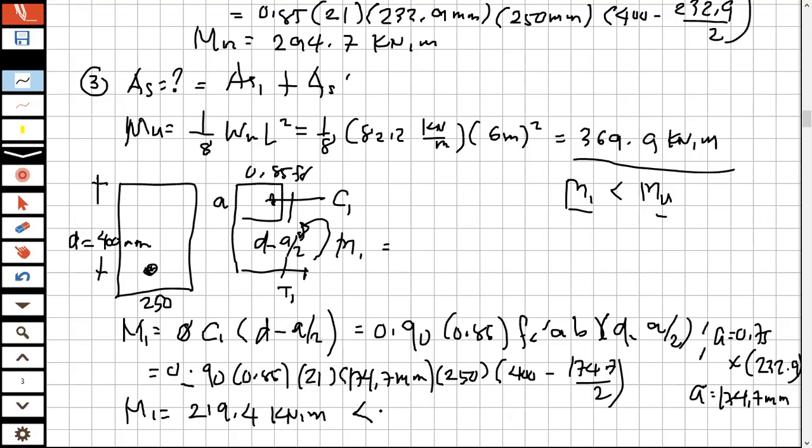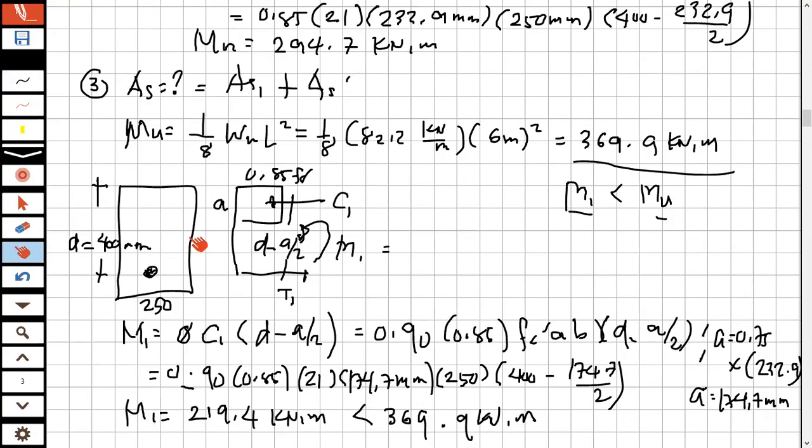Now let us check what is MU. Yung MU is 369.9 kilonewton meter, so less. So, the concept is, kung yung internal moment mo na reinforced by tension only, it will only generate 219.4 kilonewton meter. Whereas the applied moment is equal to 369.9 kilonewton meter.